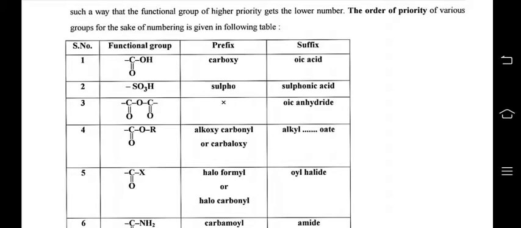Then the anhydrides, oic anhydrides. Then the ester: it can be written as carbonyl, carboxyl, alkoxy or carbonyloxy as the prefix, and alkyl oate as the suffix, for butane, butanoate.